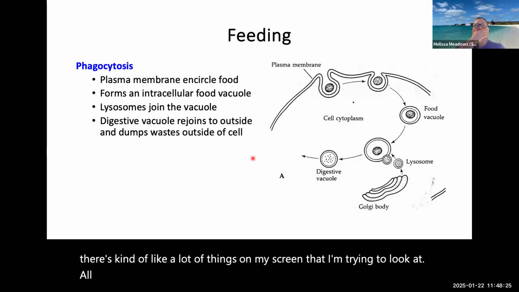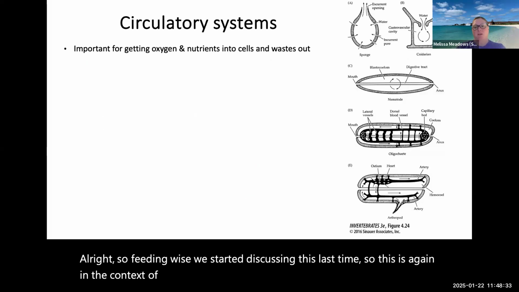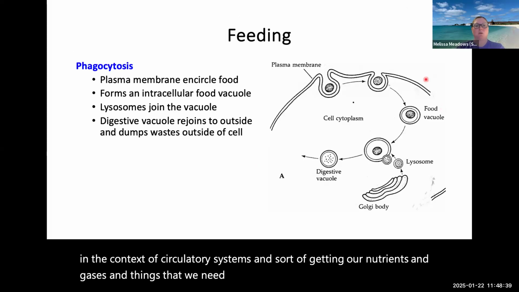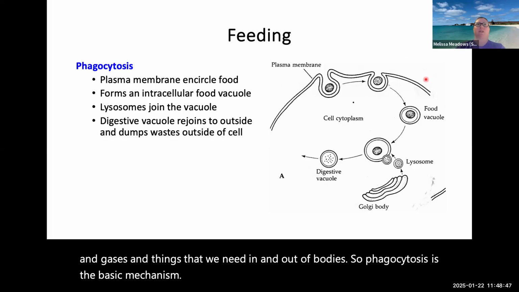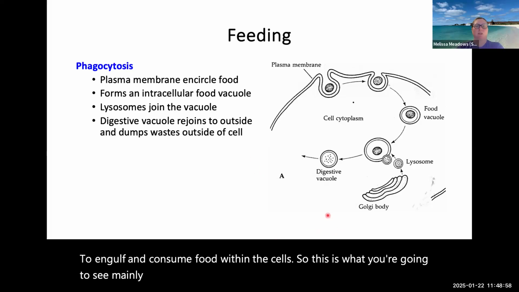So feeding-wise, we started discussing this last time, in the context of circulatory systems and getting the nutrients and gases we need in and out of bodies. Phagocytosis is the basic mechanism organisms use to engulf and consume food within cells. You see this mainly in unicellular organisms, but sponge cells do the same thing.